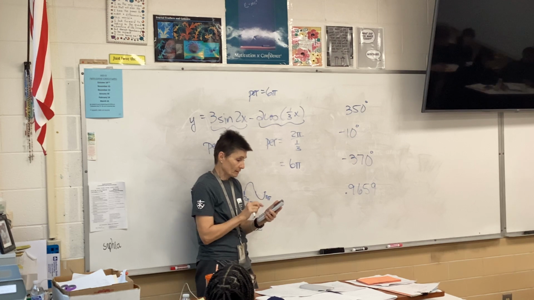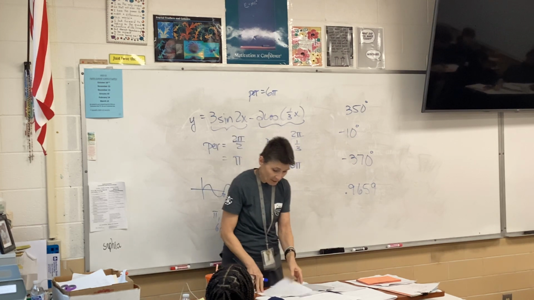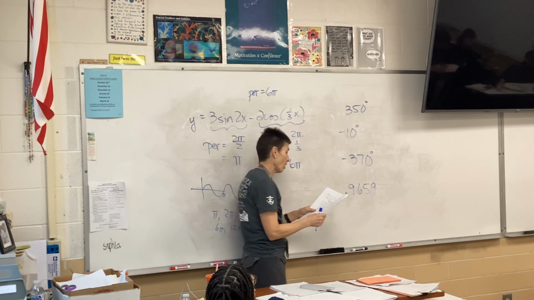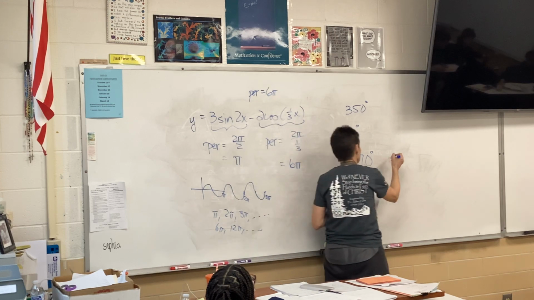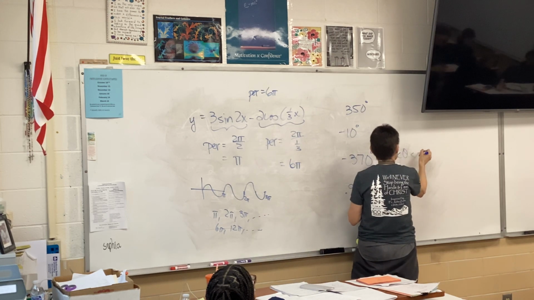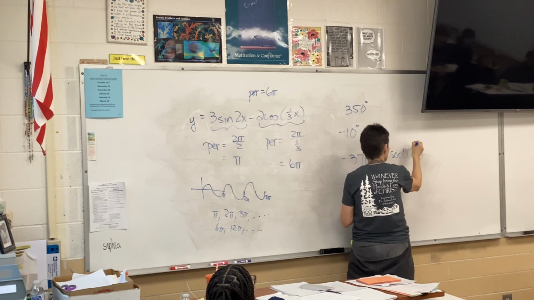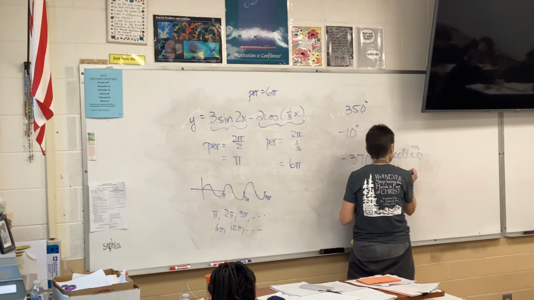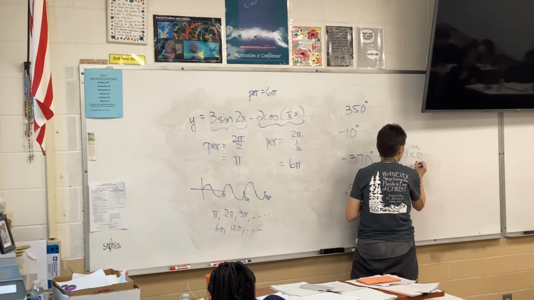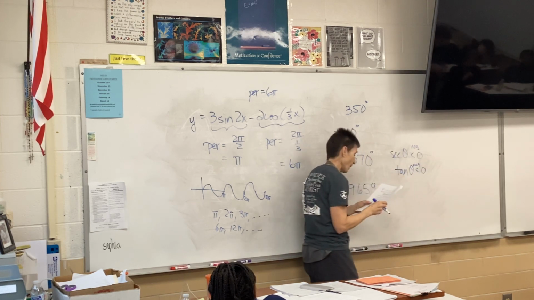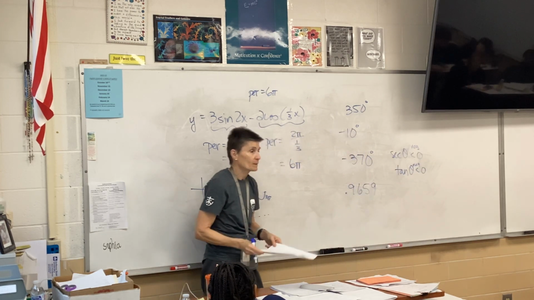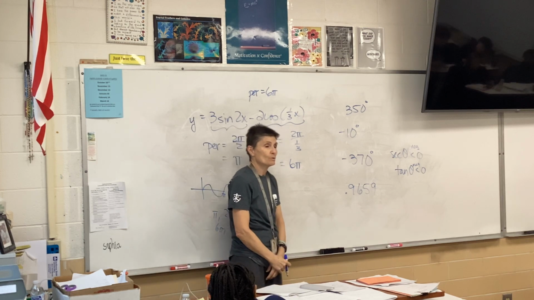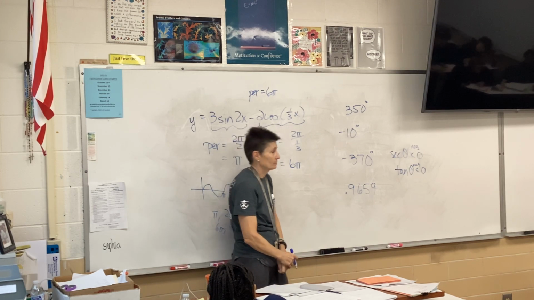All right, last one on this page. In which quadrant are we if the secant is negative and the tangent is negative? Which quadrant are we in if both of those are negative?